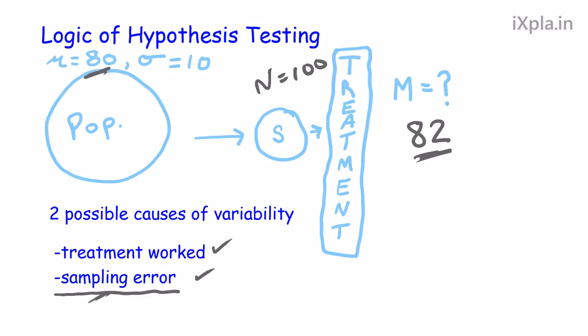Let me say that again. We're going to compute a probability that the 82, the difference between the 82 and the 80, was created by sampling error. And if that probability is very low, we're going to say that the difference was not created by sampling error. We're going to say it was created by the treatment. That's the basic logic of hypothesis testing.